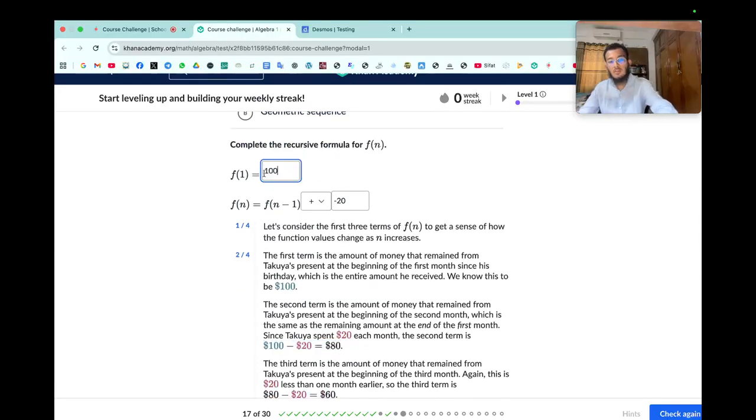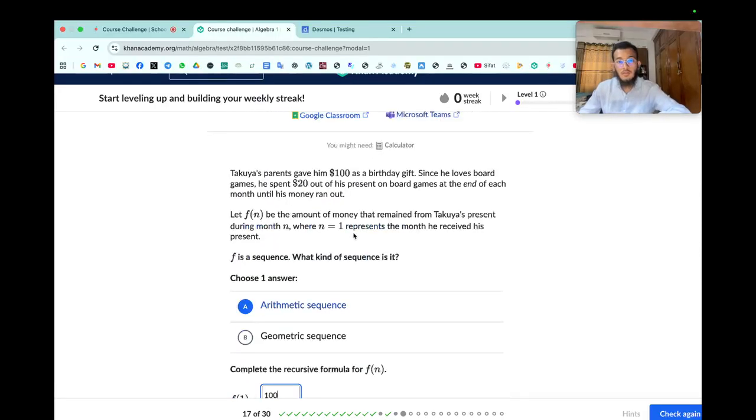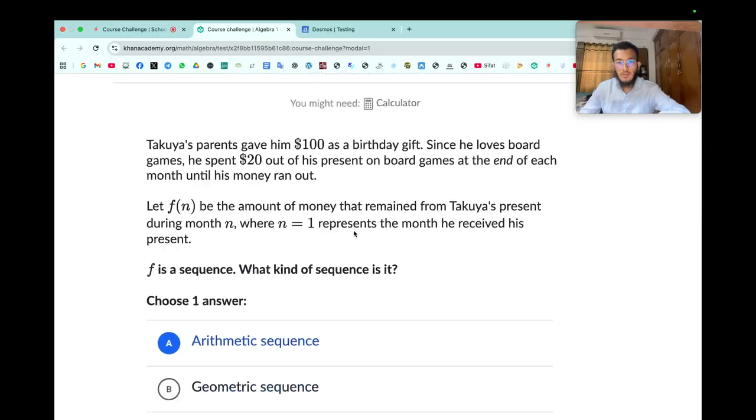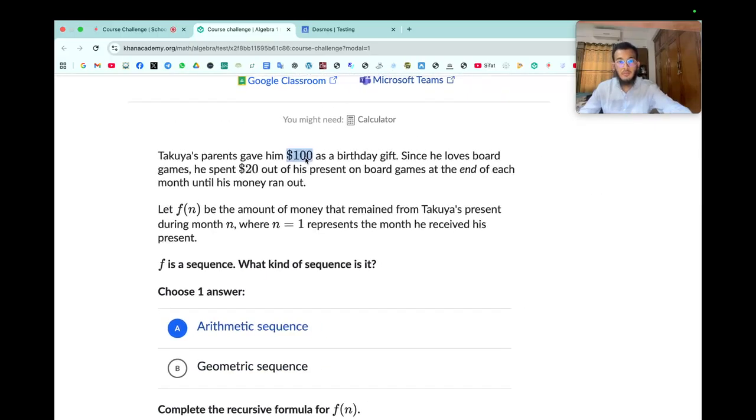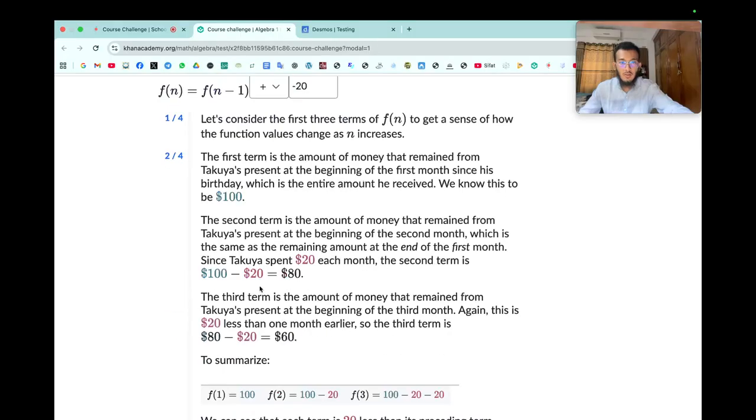So basically the equation was a little bit vague, because on the first month you have $100 and he spent $20 at the end of each month. Initially it is $100.